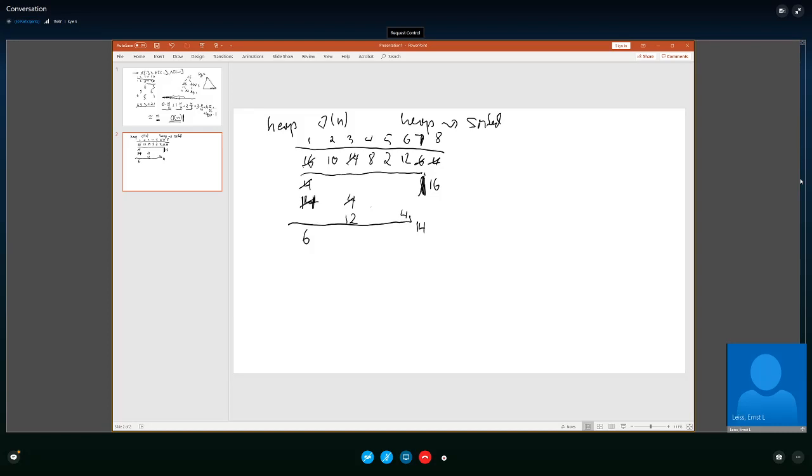So 6 in position 1 has to be compared with positions 2 and 3. Well, 2 and 3 is 10 and 12. The larger of those two is 12, so 12 goes here, 6 goes here.